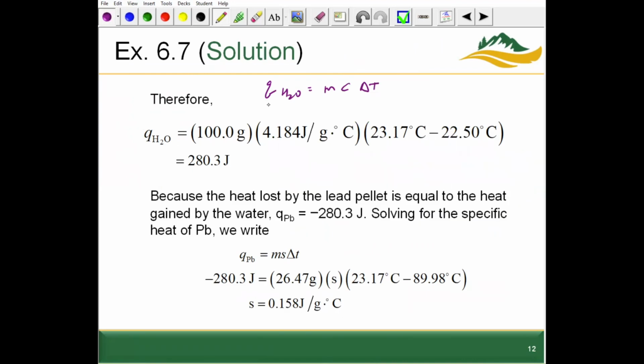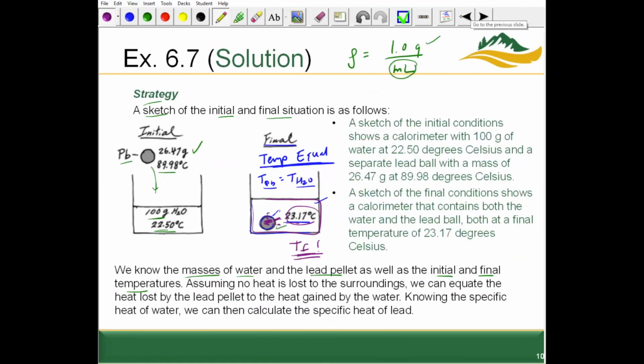Let's first solve for the heat of water, then we'll think about the heat of lead, knowing that whatever's happening to water, the opposite is happening to lead. So Q equals MCΔT, the mass of water, 100 grams. How do we get that? Well, we know we started out with 100 milliliters of water. The density of water is 1.0 gram per milliliter.